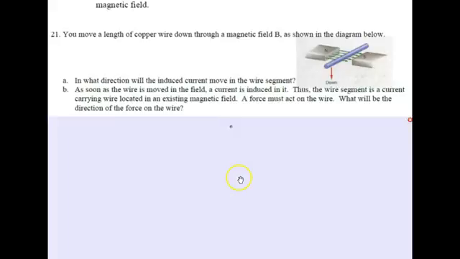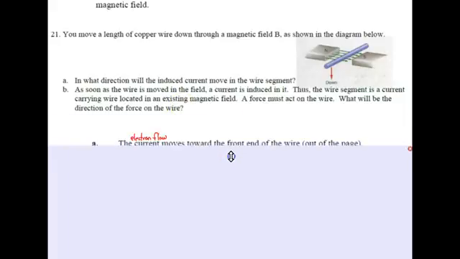Therefore, the direction of the current for electron flow would be out of the page. Your thumb ends up pointing out of the page. If you're doing conventional current using your right hand, then you would end up with the opposite answer. The answer would be that the conventional current moves into the page. Again, ask more about this in class if you continue to be confused with application of the hand rules.